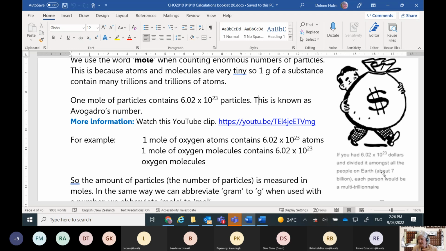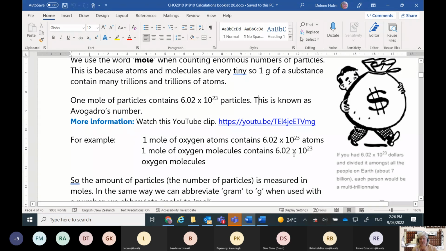So that might give you an idea of how big this number is. It also gives you an idea of how tiny an atom is, because there is, I haven't measured this, but it's more than 18 grams, so this is probably around 2-3 moles in this mass. That's a heck of a lot of particles in there.